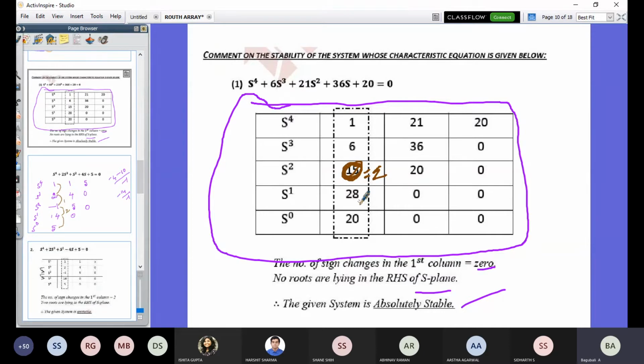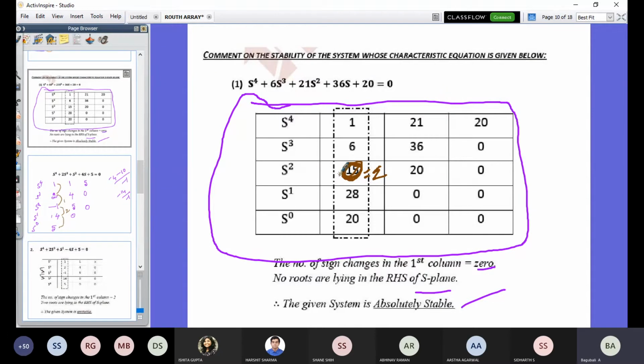If there are no sign changes predicted, but one of the rows in the first column becomes 0, then the system may come into the category of unstable or marginally stable system. It won't come into the category of stable.